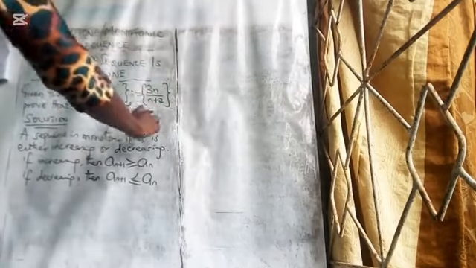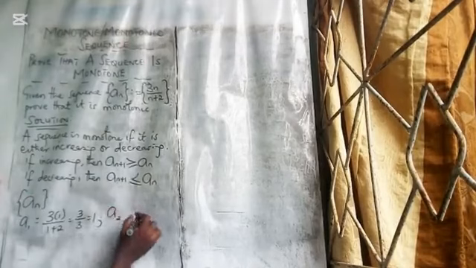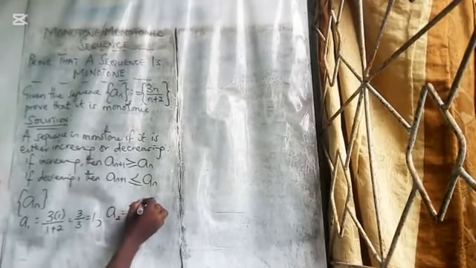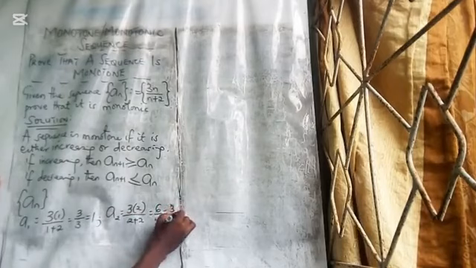Now for this sequence we are given, let us go ahead and consider the terms of the sequence. For our sequence a sub n, a1 will be 3 over 3, which is 1. A2 will be 3 into 2 over 2 plus 2. That's 6 over 4, and that is 3 over 2.